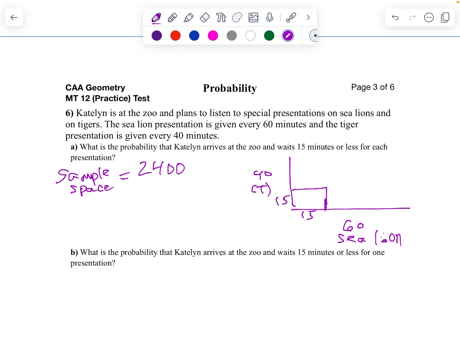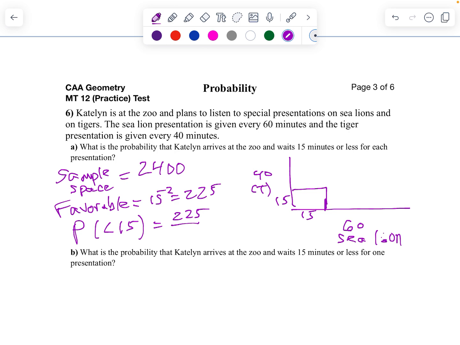So my favorable outcome of waiting less than 15 minutes, well, that's going to be 15 squared, or 225. So my probability of waiting less than 15 minutes for each presentation is going to be 225 out of 2,400.